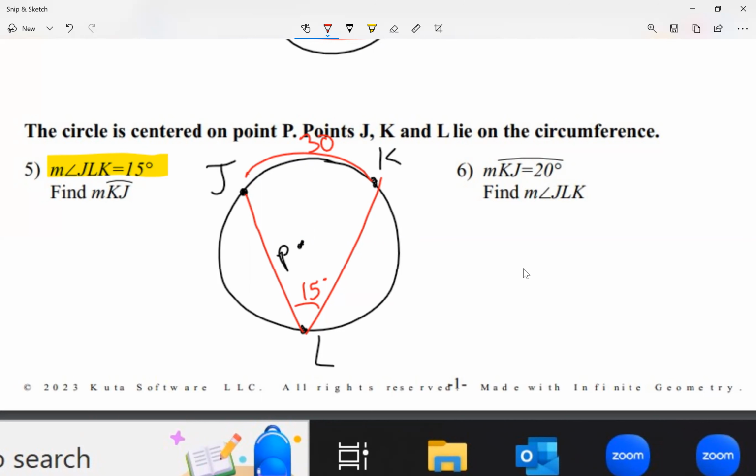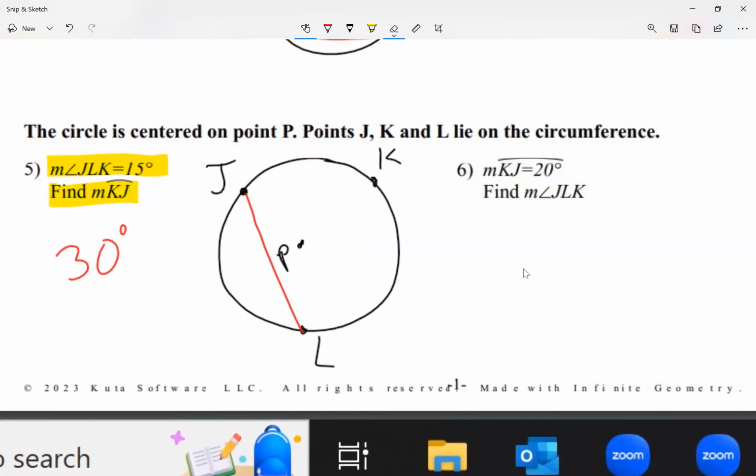Now, here it says, find the measurement of arc KJ. Oh, well, I already know it. 30 degrees. Nice.